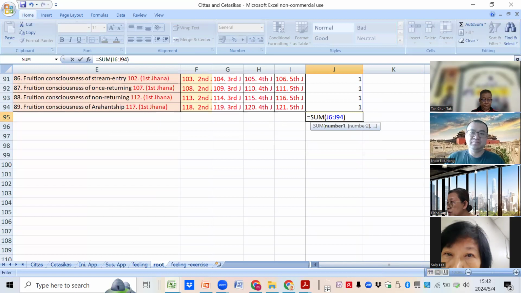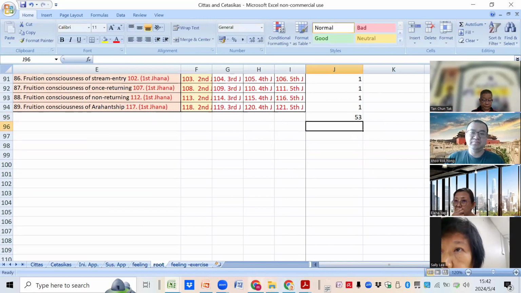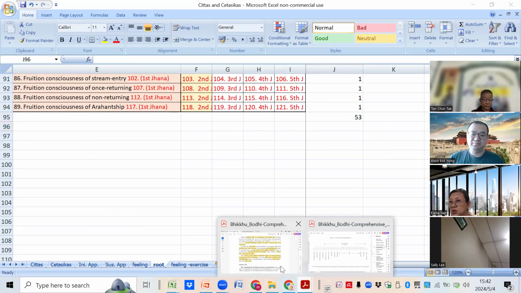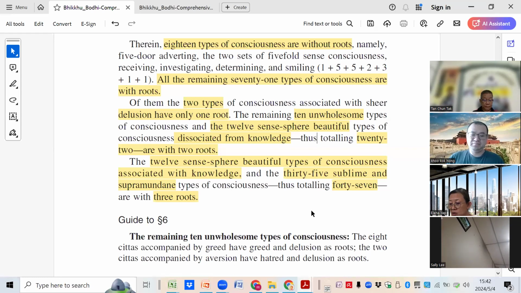So let's see. 3 root. Total is 47. So meaning to say it's wrong already, right?